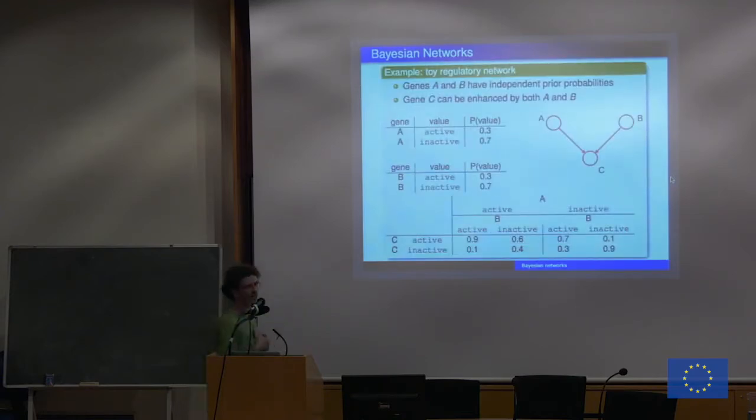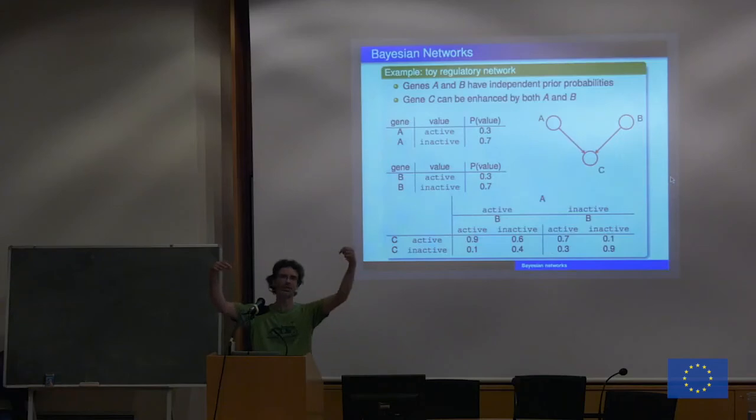Now, very simple examples, just to also show what a conditional probability distribution is. Take a toy regulatory network, let's say in gene networks, where you have A, B, and C, which are genes. C is a gene which can be enhanced, so its expression level can be enhanced by both A and B. In terms of causal relationship, you can put links from A to C and from B to C. A Bayesian network doesn't have to be causal.